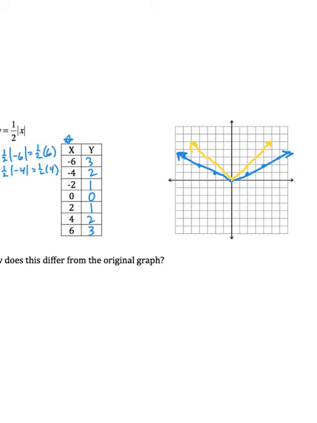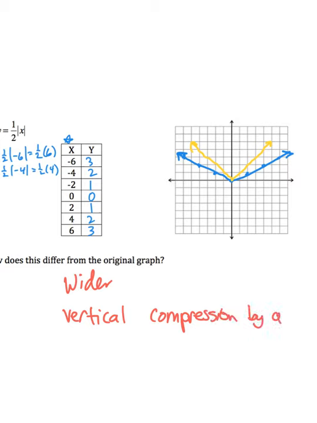So what happened? Well, it got wider. And what we call that is a vertical compression by a factor of 1/2.